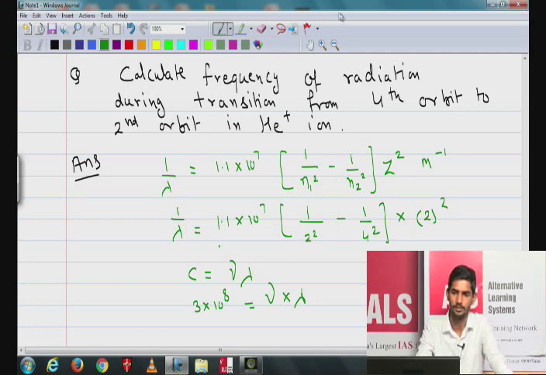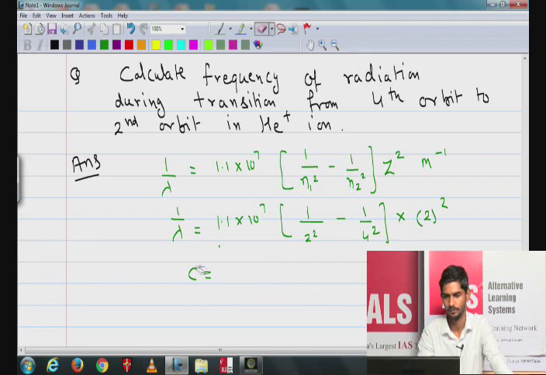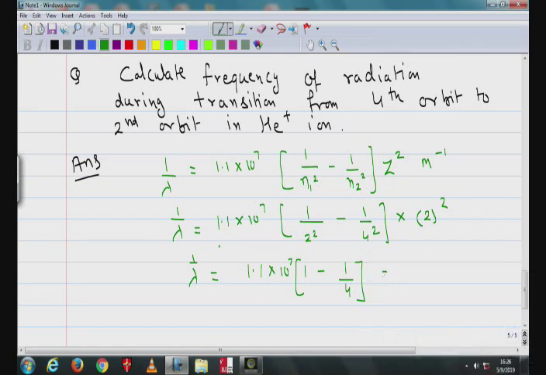Okay guys, let's solve it. See, this is lambda. I can multiply this 2 square inside, and after that I'll get this one. This is 1 and this is 1 by 4. Now, this is 1 by lambda actually. After that, I can write it like this, 1.1 into 10 to the power 7 into 3 by 4.